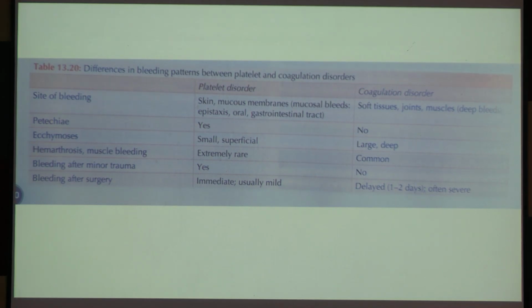Bleeding after surgery will be immediate in platelet disorder, and bleeding after surgery will be delayed in coagulation disorder, but that will be severe. So, from this history and examination, we can differentiate between platelet disorder and coagulation disorder.